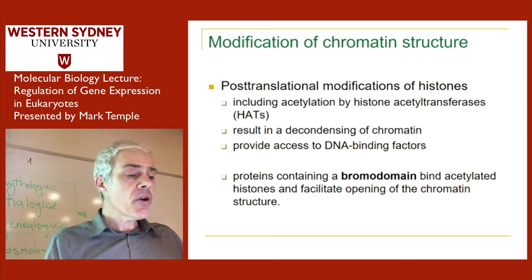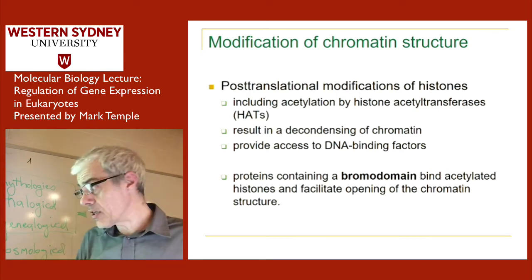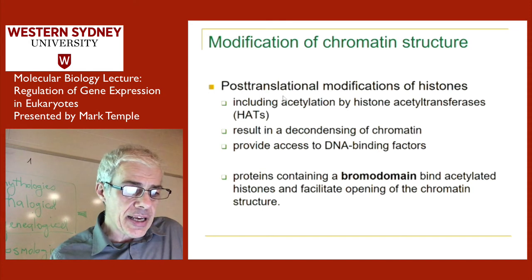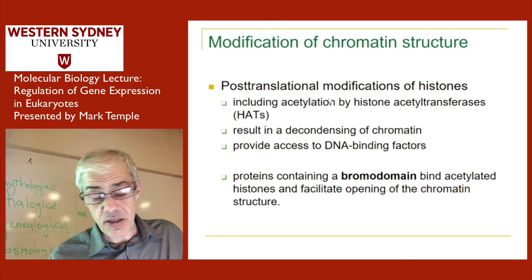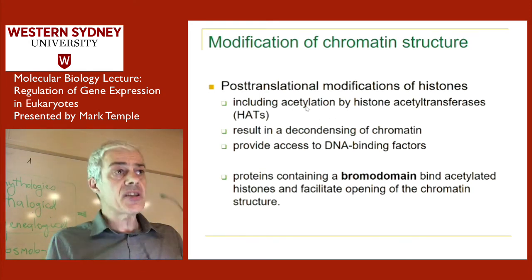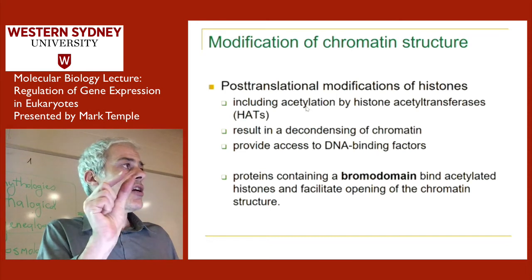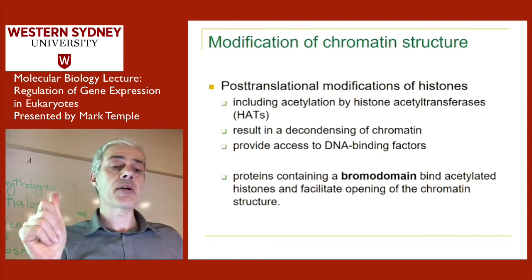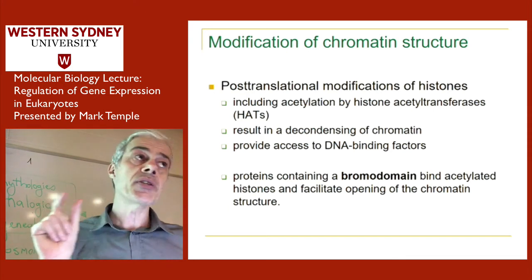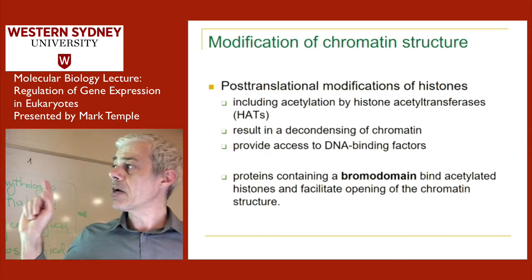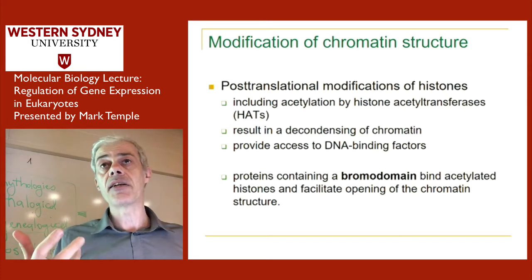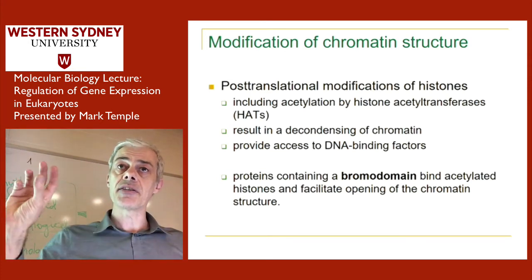Okay? And one of the important modifications that occurs on histone proteins is a process called acetylation. So an acetyl group is a simple 2-carbon structure which is added on to some residues in the protein. The residues that are modified by acetylation typically are lysine and arginine.